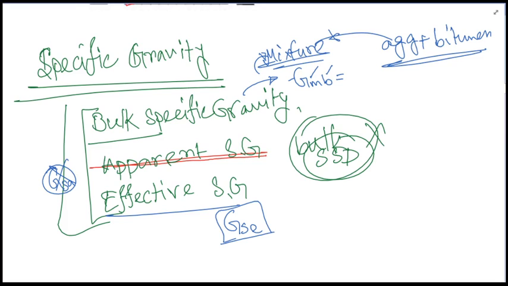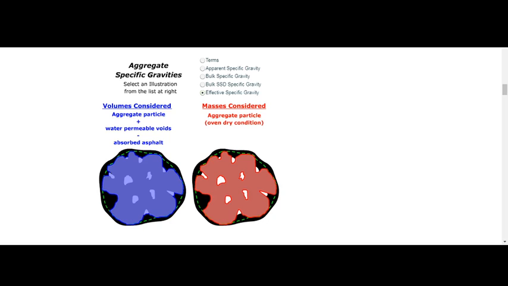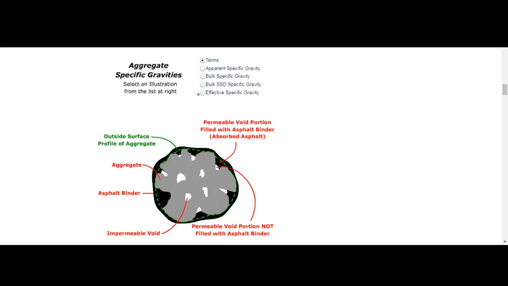So to introduce this thing first, I need to show this, as you can see. First of all, the terminologies must be clarified for you. As we have discussed, there will be some impermeable voids, as you can see.